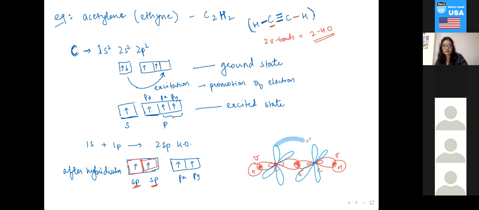So this is the second bond and this is the third bond. Okay, so if I have to highlight it, the sigma overlap is the first bond and the second and third bonds are your pi overlaps.